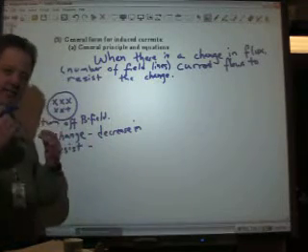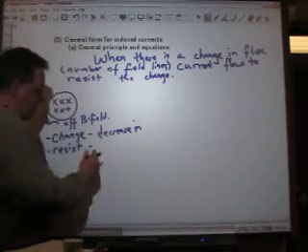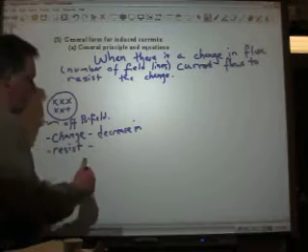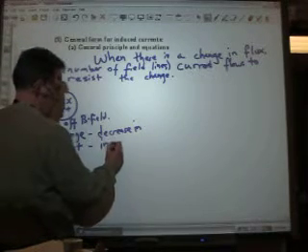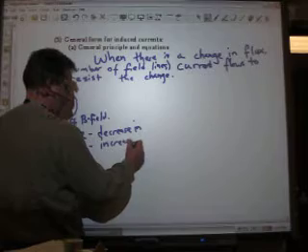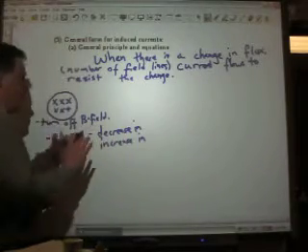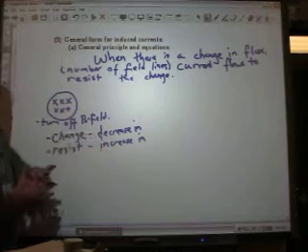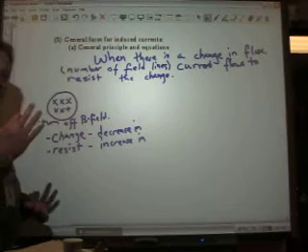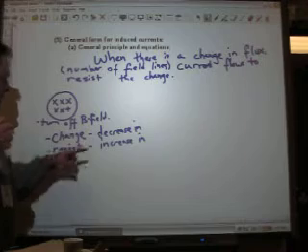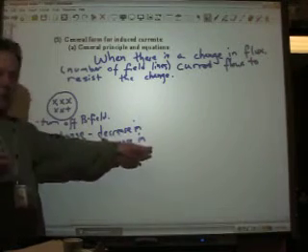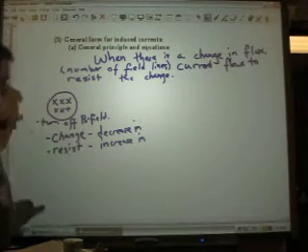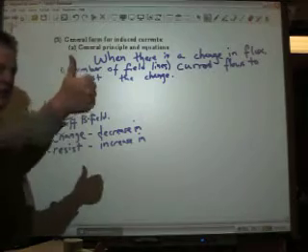And I want to pick the one that's increase, because I can use that to figure out which way the current's going to go. So I'm going to say increase in. So the change was to decrease the in, the opposite, to resist it, I would increase the in. And that tells me, for my third right-hand rule, which way to point my thumb. Because I want to increase the inward magnetic field. In that third rule, my thumb goes in the direction of the magnetic field.